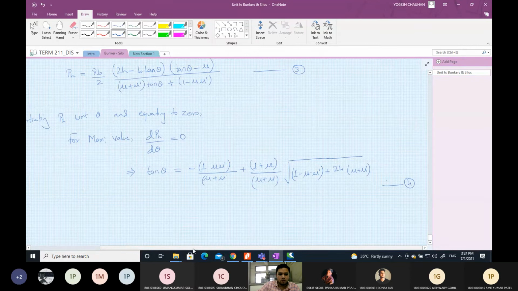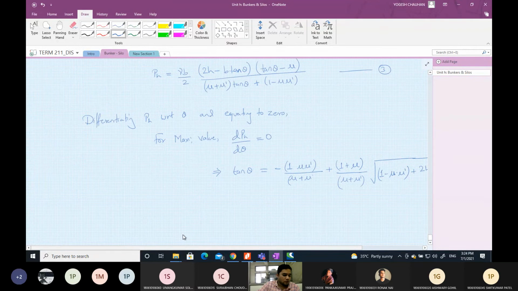Now, substituting the value of this tan theta in equation number 3, we substitute the value of tan theta in equation number 3 and then differentiate this pH with respect to H, we will get the horizontal pressure. Okay.